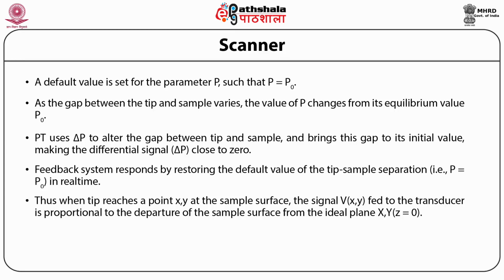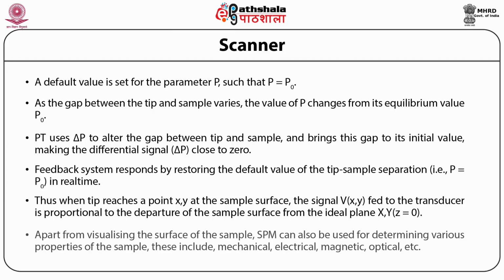As a result, V(x, y) can be used to map the sample surface, thereby obtaining the STM image. Apart from visualizing the surface of the sample, STM can also be used for determining various properties of the sample. These include mechanical, electrical, magnetic, optical, etc.